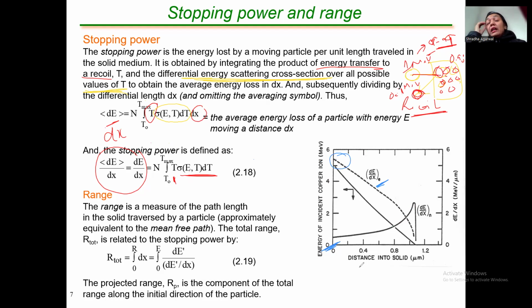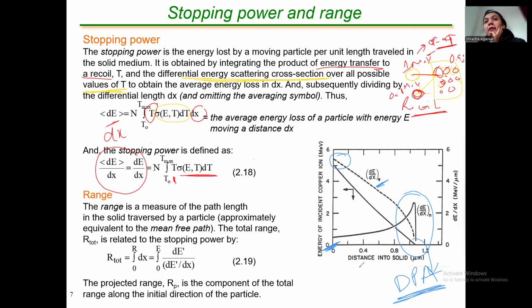Electronic energy loss is a friction, it slows the particle down so much that finally it will stop in the material somewhere. And when it stops, it loses the maximum of its energy by nuclear interaction. That is where your DPA is happening, where your displacements are happening. And that is why if you plot a range, the range that I plotted is around this point.